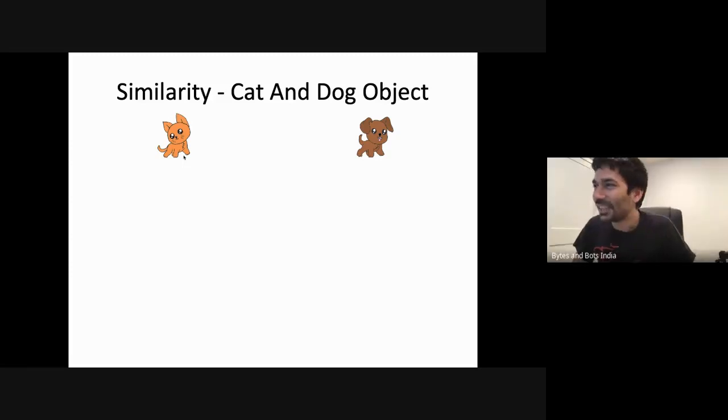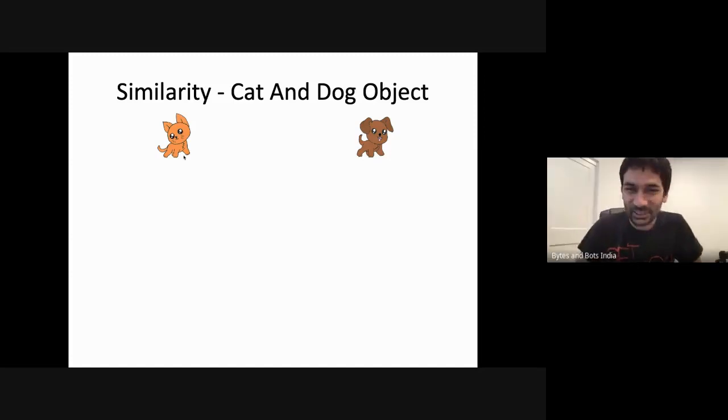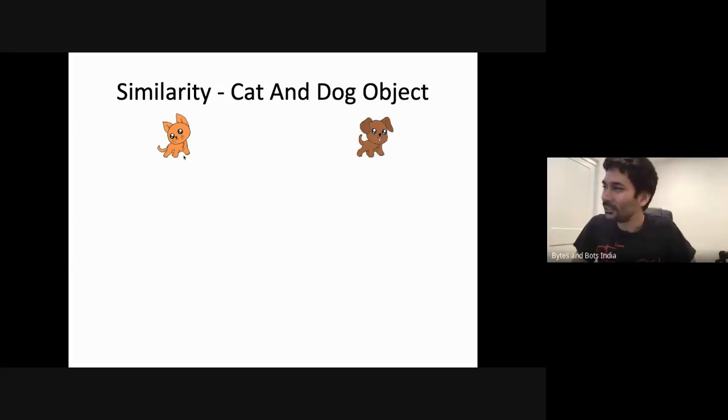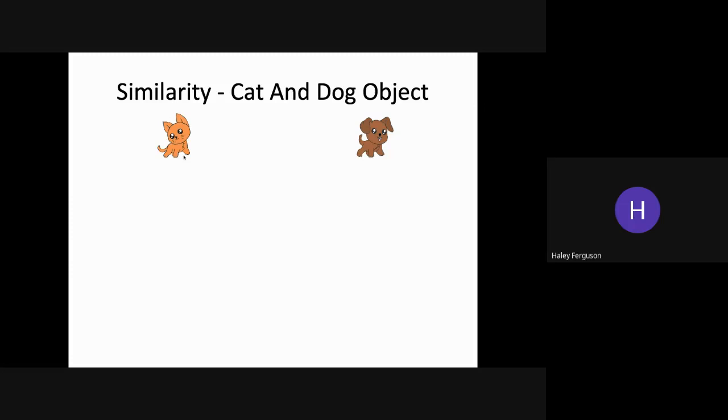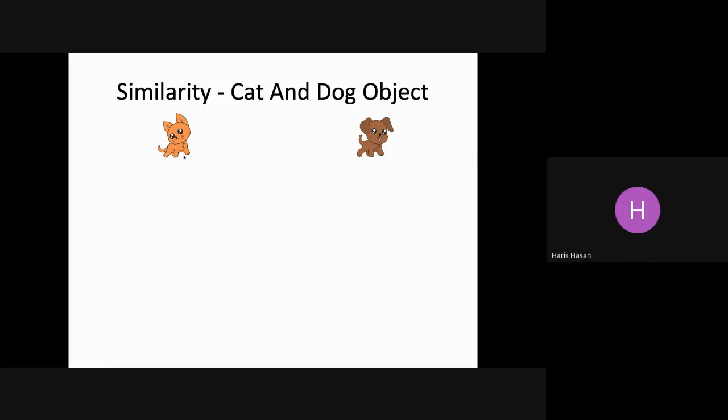They both have ears. They both have tails most of the time. You guys are doing good. They both have eyes. How many? They're both objects. They both breathe. They live.